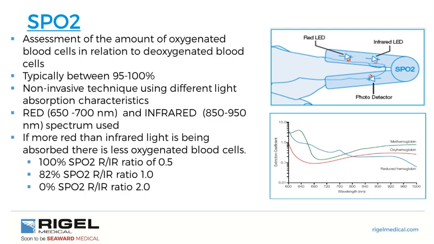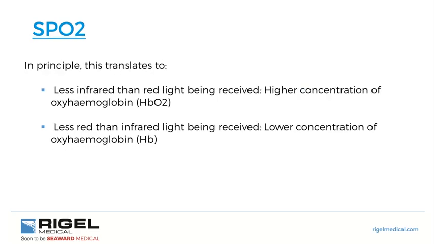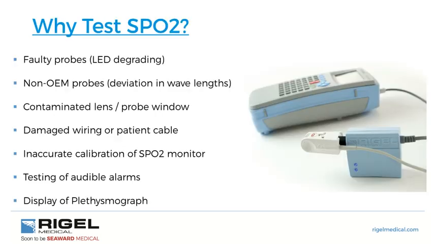Therefore, you would have a 0.5 ratio, which would be 100% of SpO2. So in principle, this translates to less infrared than red light being received, higher concentration of oxyhemoglobin. Less red than infrared light being received, lower concentration of oxyhemoglobin.